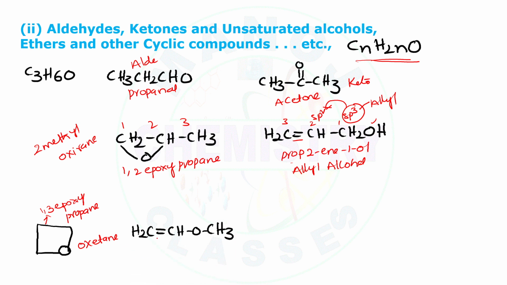This one is a vinyl group and this one is a methyl group. Hence the name of the ether is methyl vinyl ether. According to IUPAC, m should be written first. That's why.